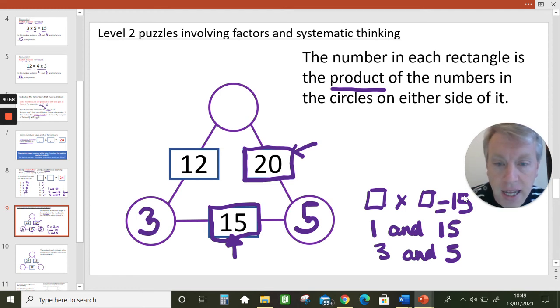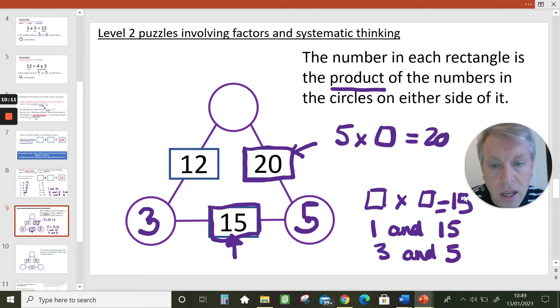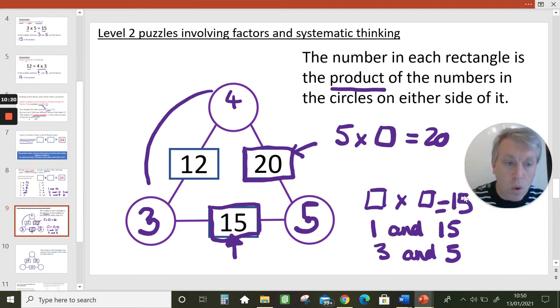Let's see, is it going to work? Now, if it's 5, how many 5s make 20? 5 times something equals 20. Well, let's see. If it's 4 here, and then it works this way as well, 4 times 3 is 12. Oof! We got it! We got it.